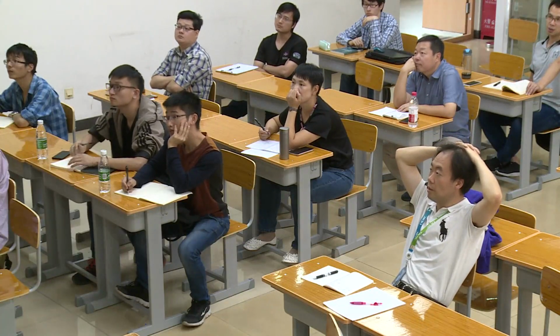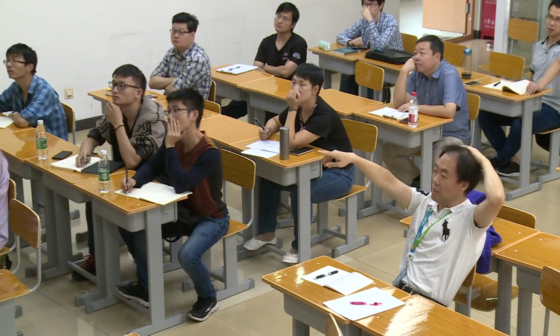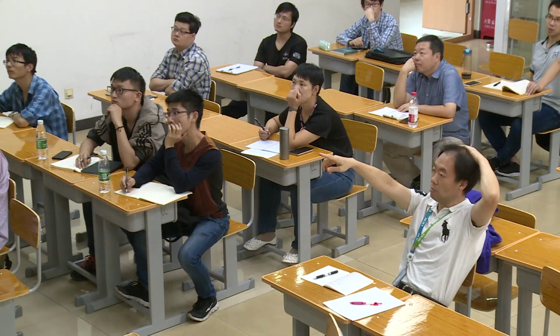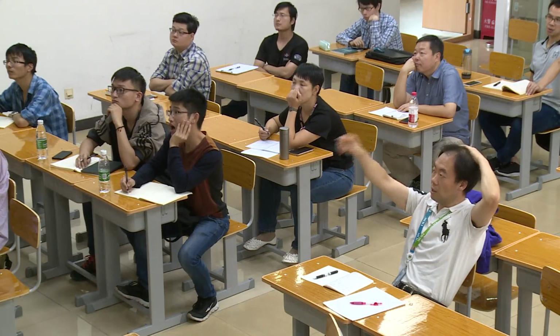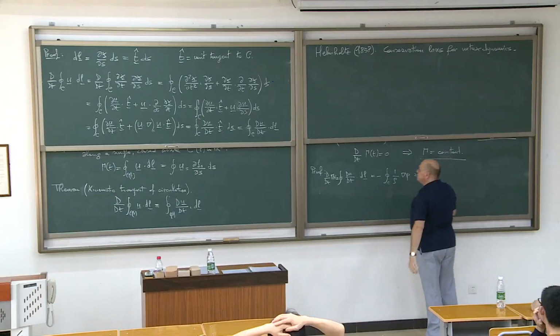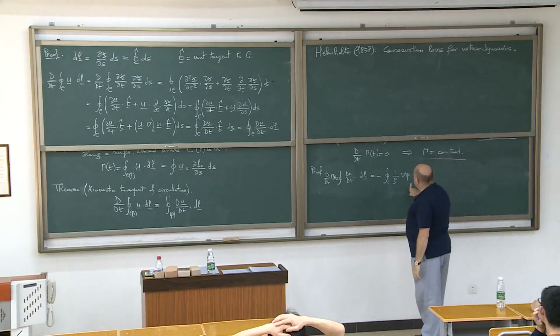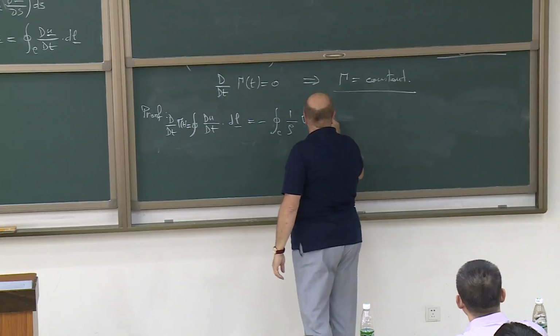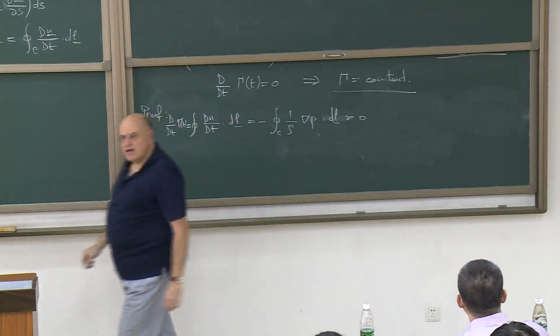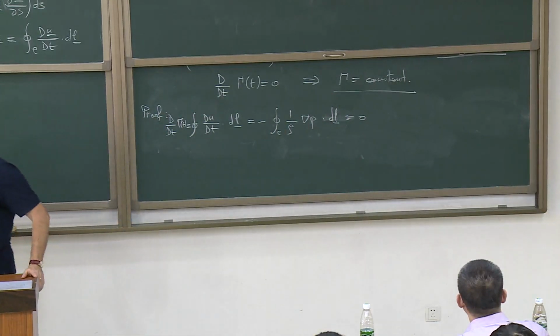Yes, 1 over rho and the gradient of P, the pressure, then you have to dot dl. Ah, sure, sorry. So that just means it is 0 because it is a circular integral.